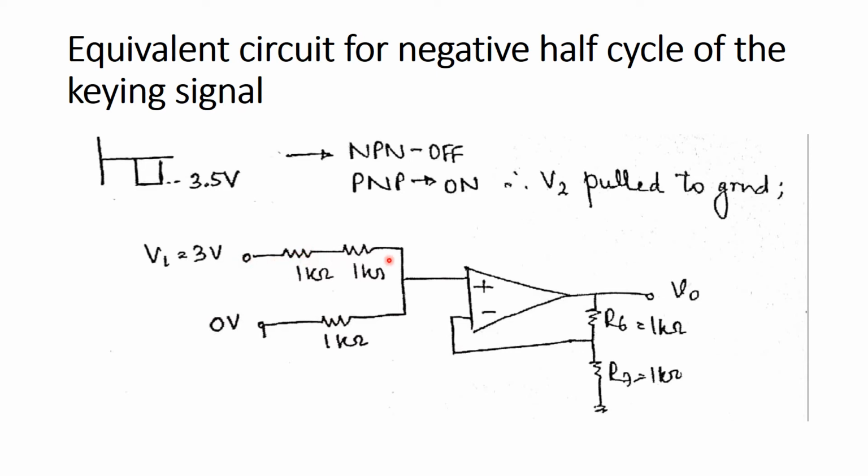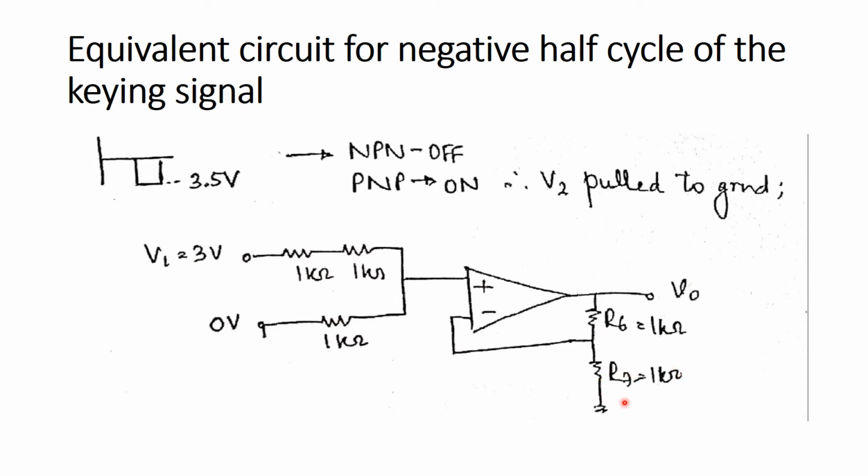So we have two resistances of 1k in series, and this terminal is connected to a sinusoidal signal of 3 volts, and we have one more resistance of 1k. The other terminal is at ground potential, and this junction is connected to pin number 3, and terminal 2, the inverting terminal, is connected to the junction between R6 and R7.